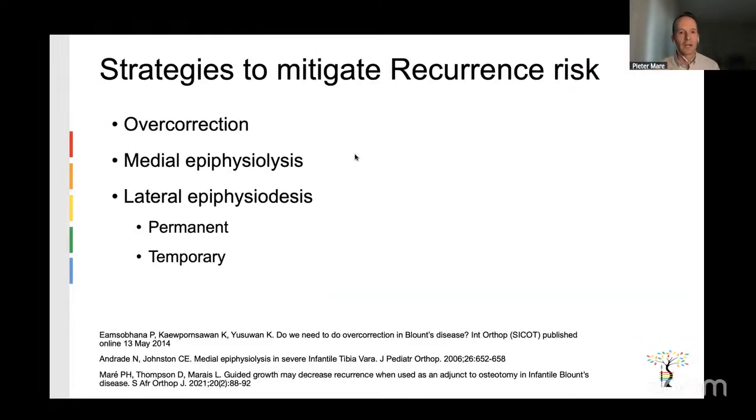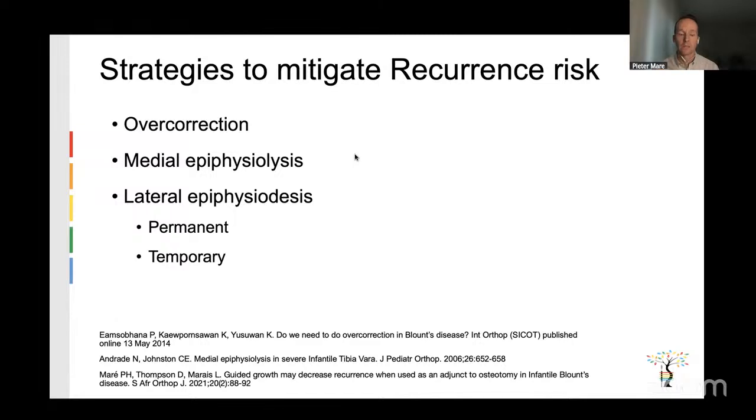So how can we try and mitigate this recurrence risk? Overcorrection is one approach which we've mentioned, although the evidence doesn't really bear this out. A study by Shabana et al. 2014 showed no difference between the limbs that were overcorrected and those that were corrected to physiological valgus.